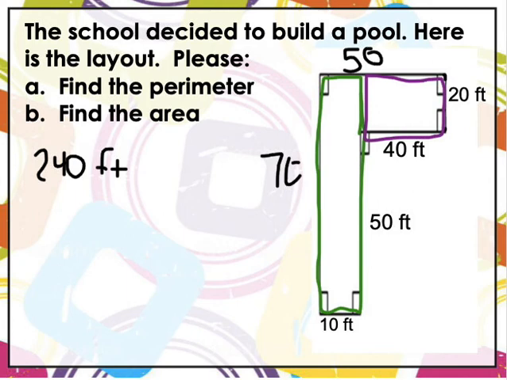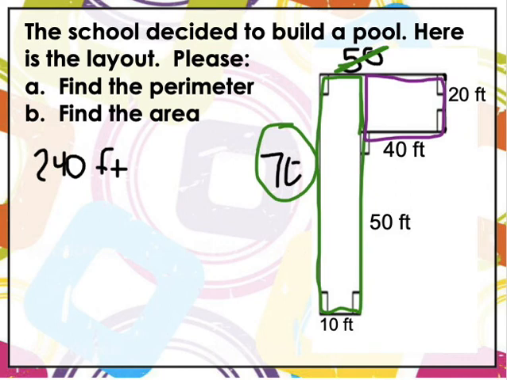Now if we look at the first 50 up here, I know that the 50 represents all the way across, but I only want this little piece, so I can't use that 50. The 70 represents all the way up and down, which is included in my shape, so I'm going to use the 70.